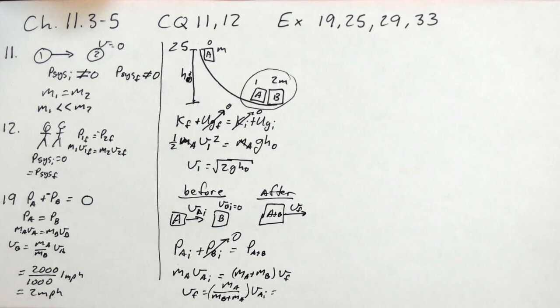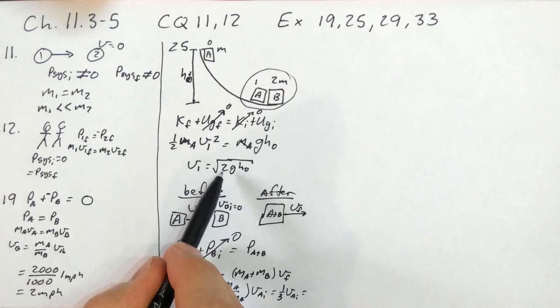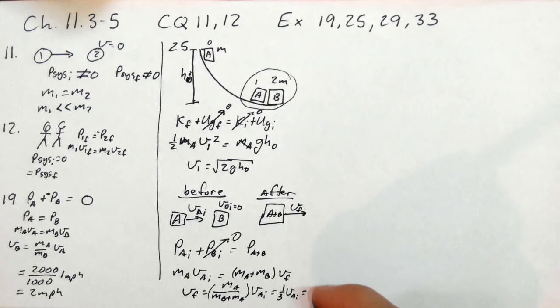So plugging these things in, we know that MB is 2M and MA is M. So we get M over 2M plus M, or M over 3M, or 1/3 VA initial, which plugging it into here gives us 1/3 square root of 2GH0. Okay. And I could plug in the 9.8 and get a number, but I'm just going to go ahead and stop there.